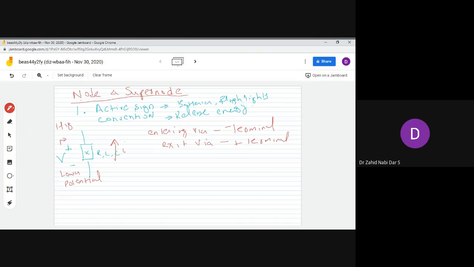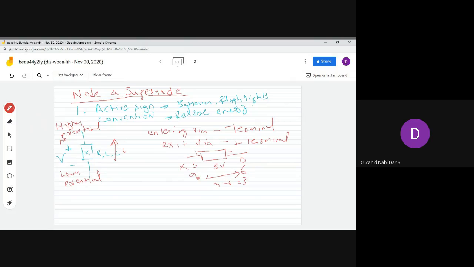You have to remember that there is only a potential difference between those two points. Suppose a battery has 3 volts, with this plus and this minus. That does not mean this is 0 and this is 3, that is wrong. What it means is the potential difference between these two points is 3. It can be 9 over here and 6 over here, so 9 minus 6 is equal to 3.